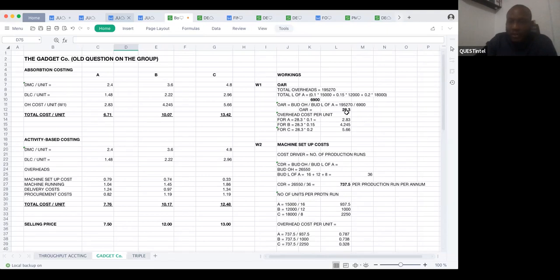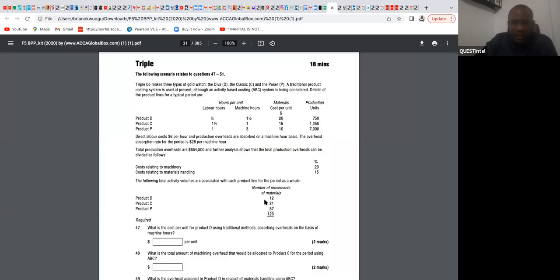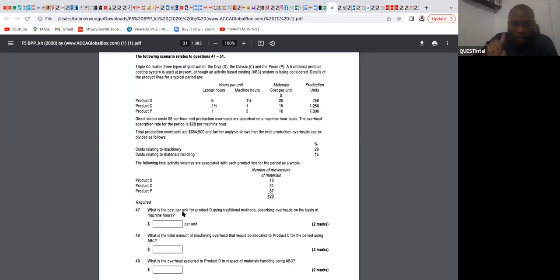They have already given us this. Okay. So they've already given us the overhead absorption rate. So our overhead cost per unit will just be the overhead absorption rate multiplied by the number of hours taken for each of the products. So if we go back there, you'll see how simple this question is. Except they asked us in total terms. What's the cost of one unit for product D using traditional methods of absorbing overheads on the basis of machine hours?